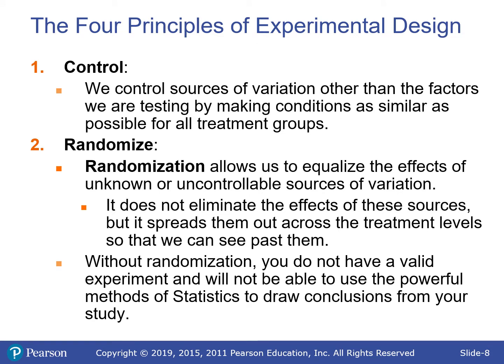Experimental design has 4 huge principles. The first one is control. The control is trying to control all the different things that might affect the outcome, so that the only thing changing are the treatments, because then we can say that the change of treatment is what caused the change of response.